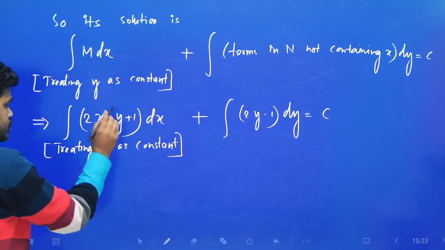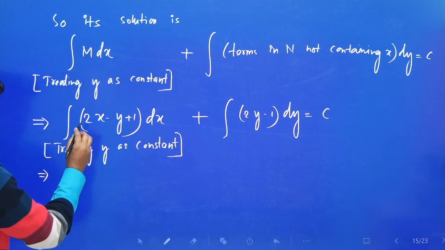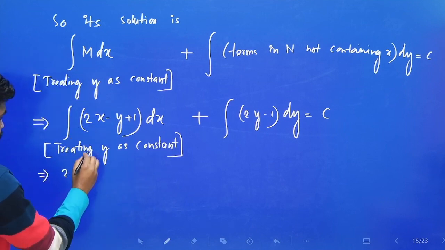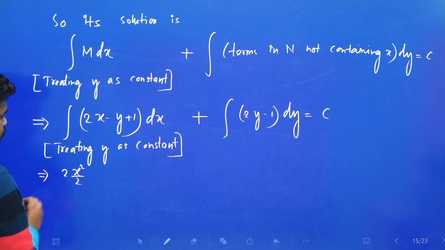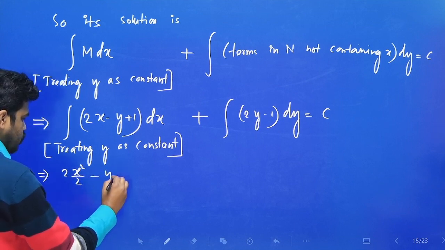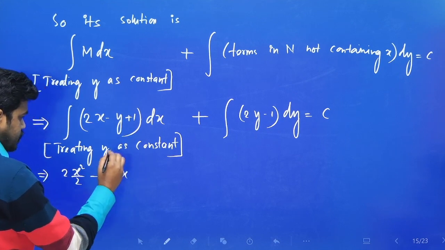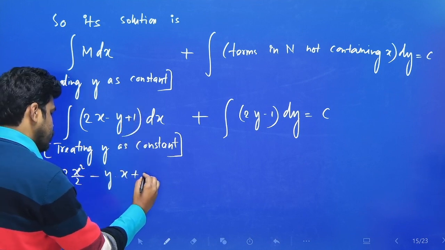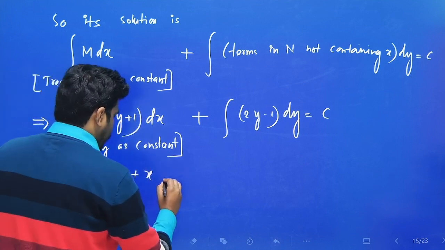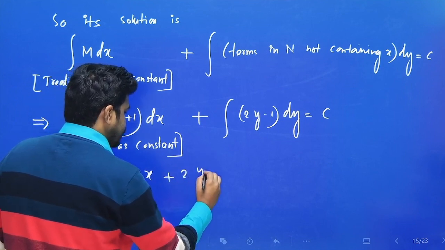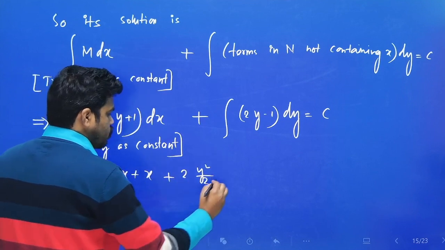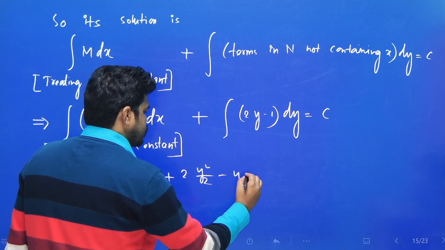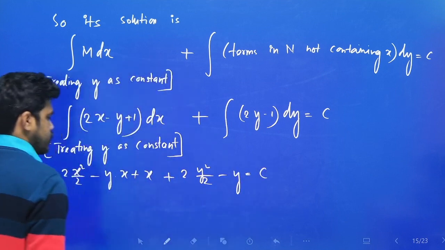Now you will integrate treating y as constant. So 2x, integrating x, that means x square by 2 minus y is constant, so dx, that means simply x, right? 1 into dx, integrating dx, that means you get simply x, plus 2y integrated, that means y square by 2 minus dy, that means simply y is equal to c.